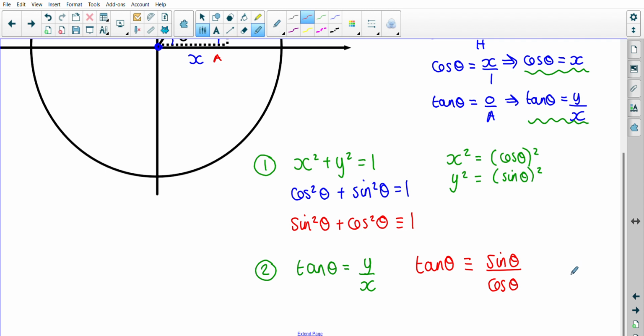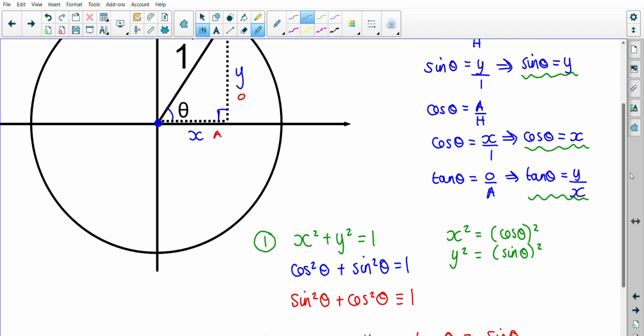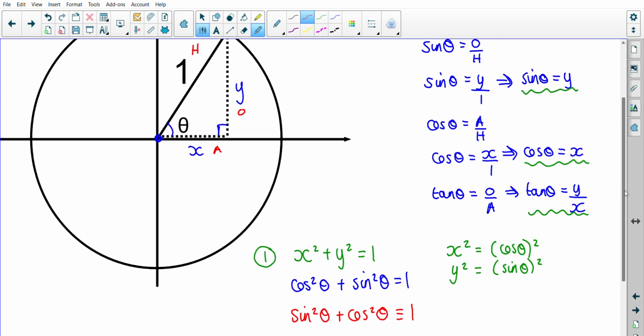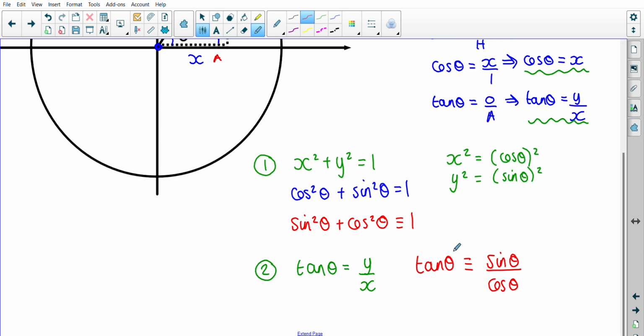So we're going to be looking at how we can use these identities going forward. Just make sure in your notes you've got the top bit written down, so your unit circle annotated, these trig ratios, and then you've got two sections for where your identities come from.